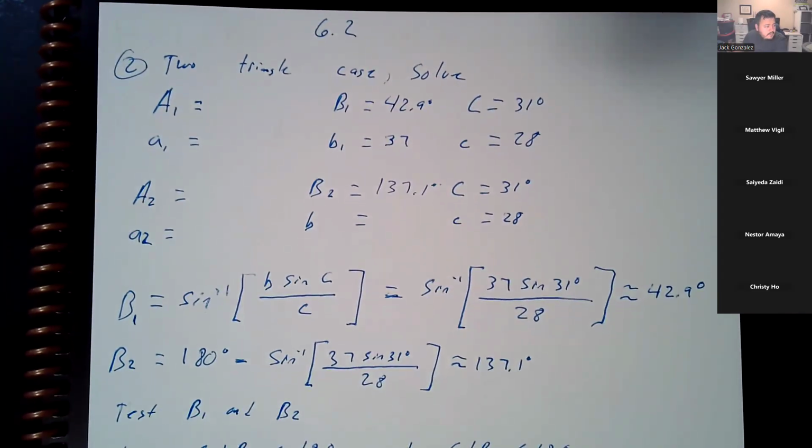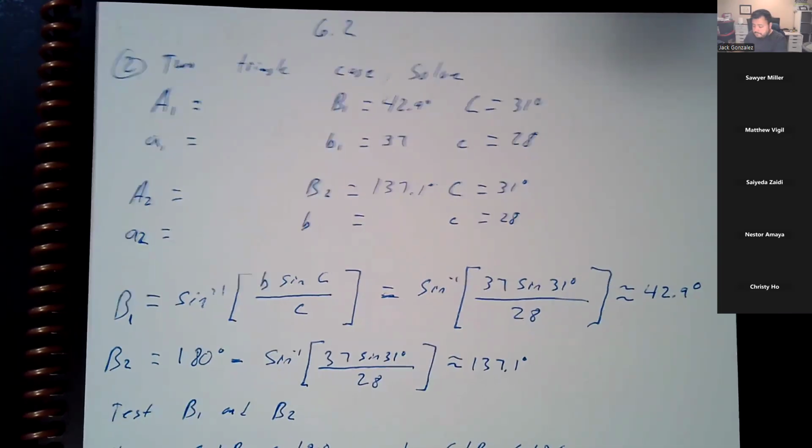So now capital A1 and A2 should be pretty easy, right? How would you find these guys?